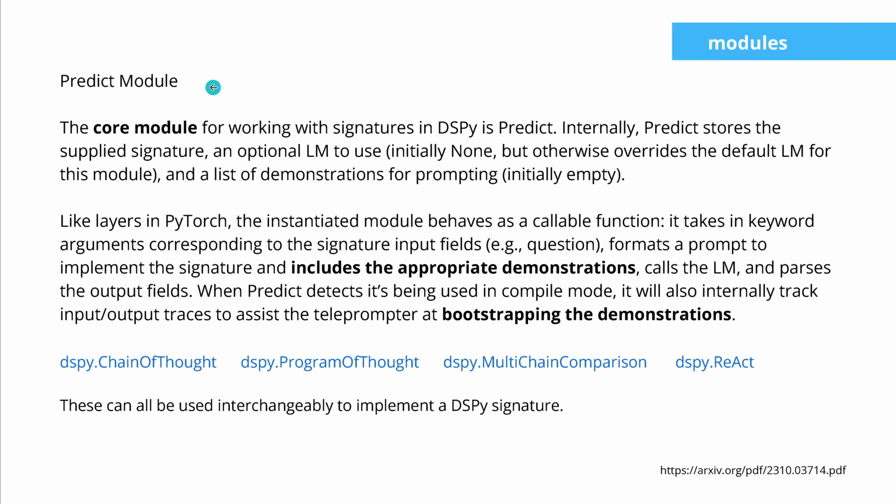What is a typical module? DSPy chain of thought, DSPy program of thought, DSPy multiple chain comparison, or DSPy ReAct. ReAct started my video today. They all can be used interchangeably to implement here a DSPy signature.